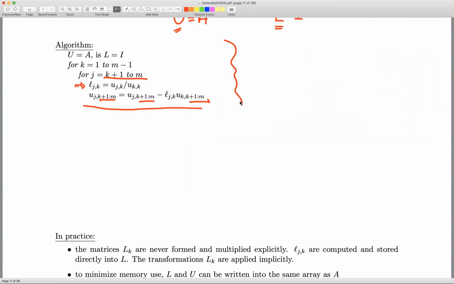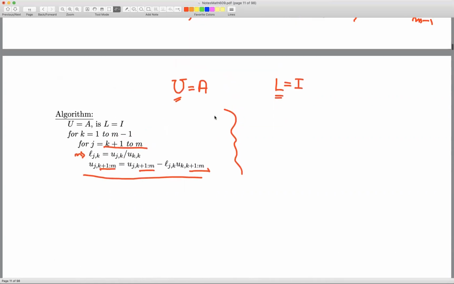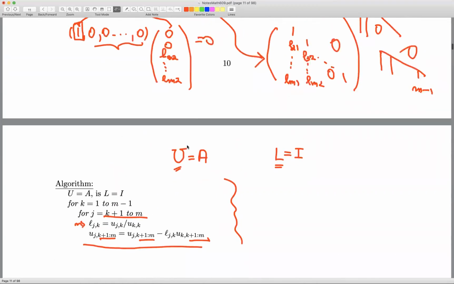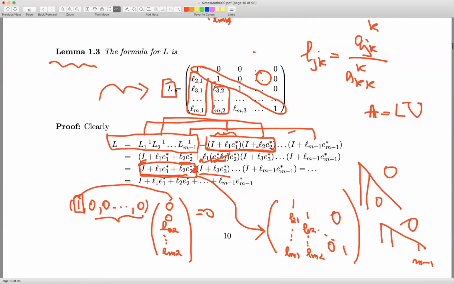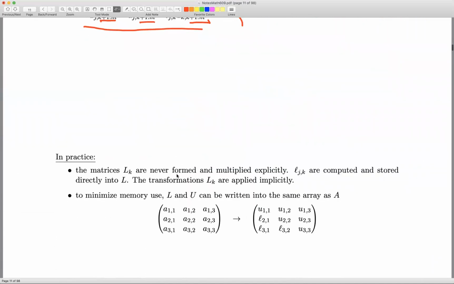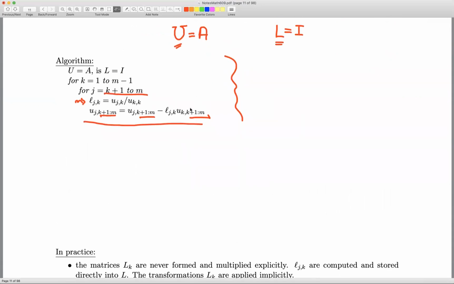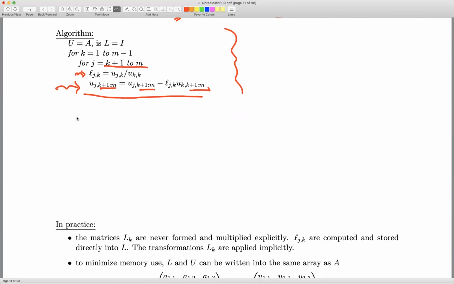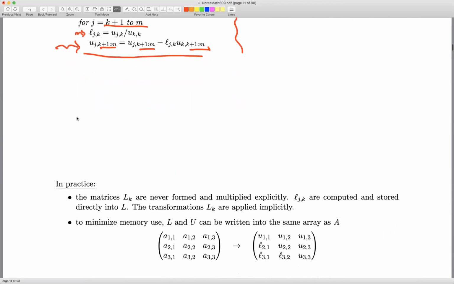The LJKs are computed, as we discussed, using this ratio, and this is how they are stored here to find the matrix L. And the transformations LK are applied implicitly. They are applied here. These are the transformations LK, multiplying on the left by the matrix LK, the resulting matrix of the Gauss elimination at step K.